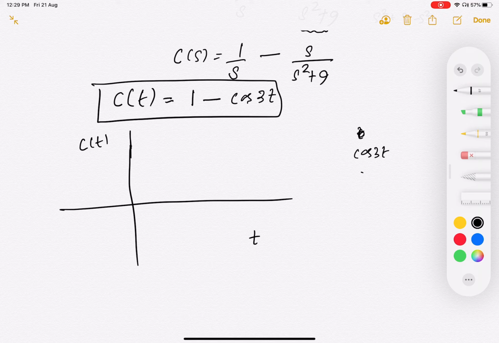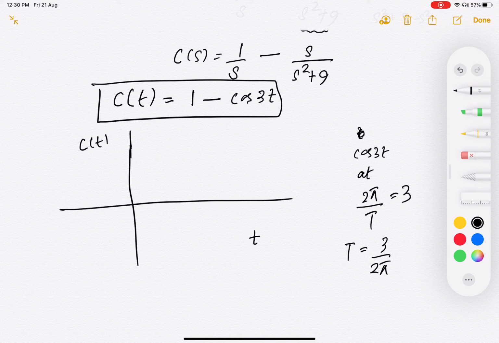This is 2 pi f, so 2 pi by T is equal to 3. So the time period T is equal to 2 pi by 3.